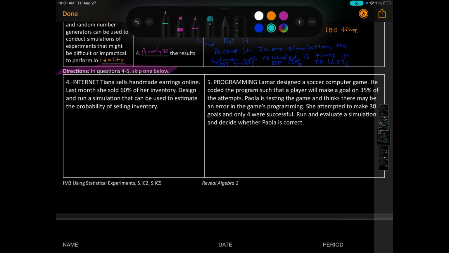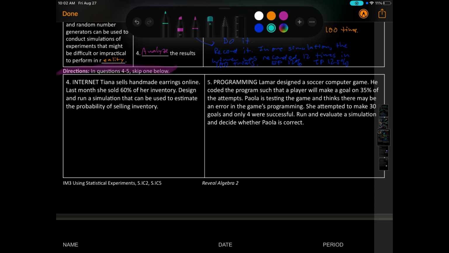Number 4, internet. Tiana sells handmade earrings online.